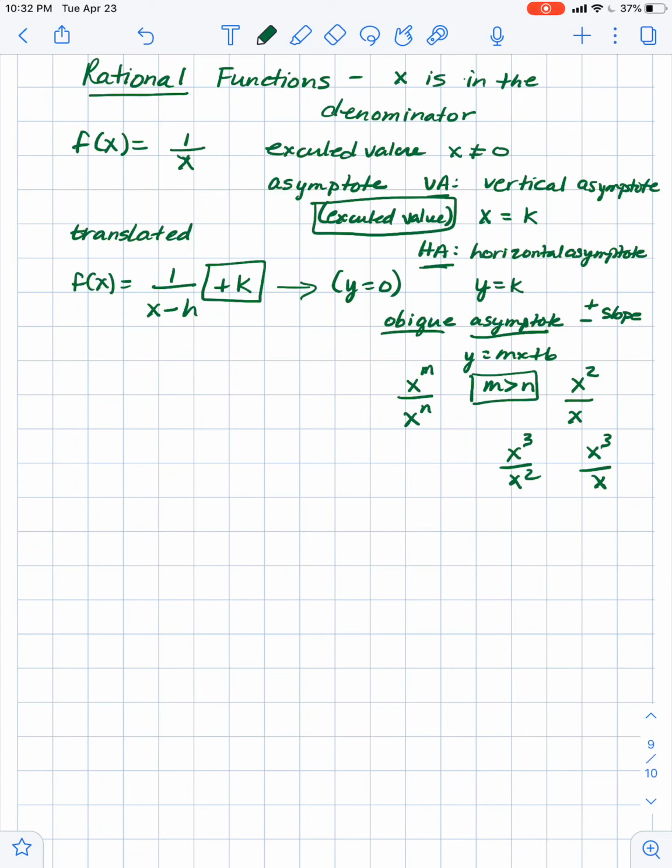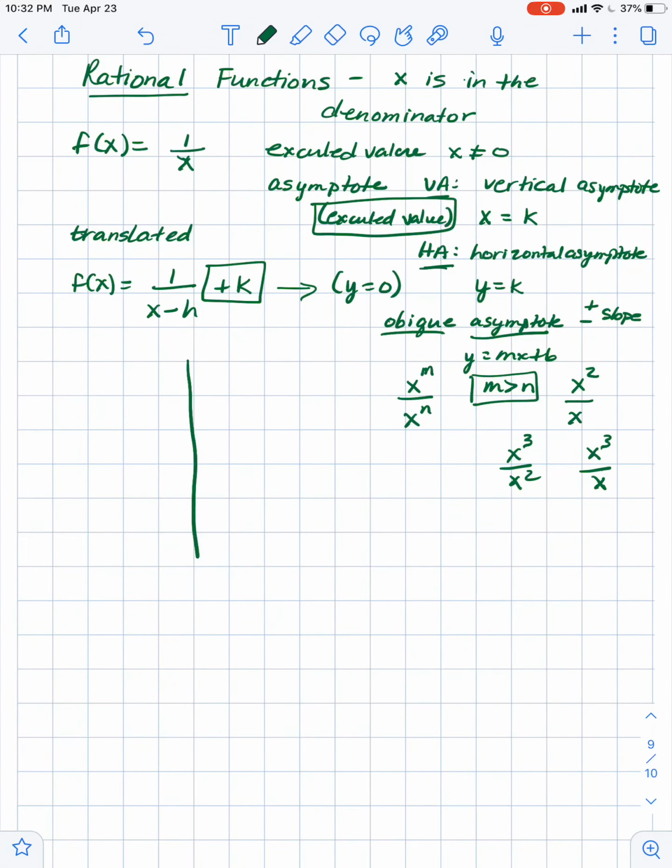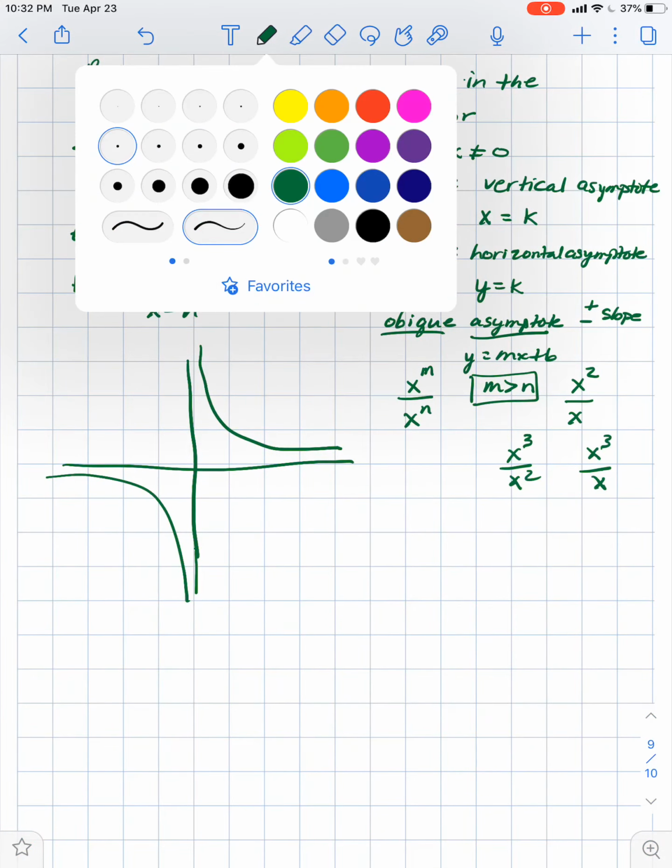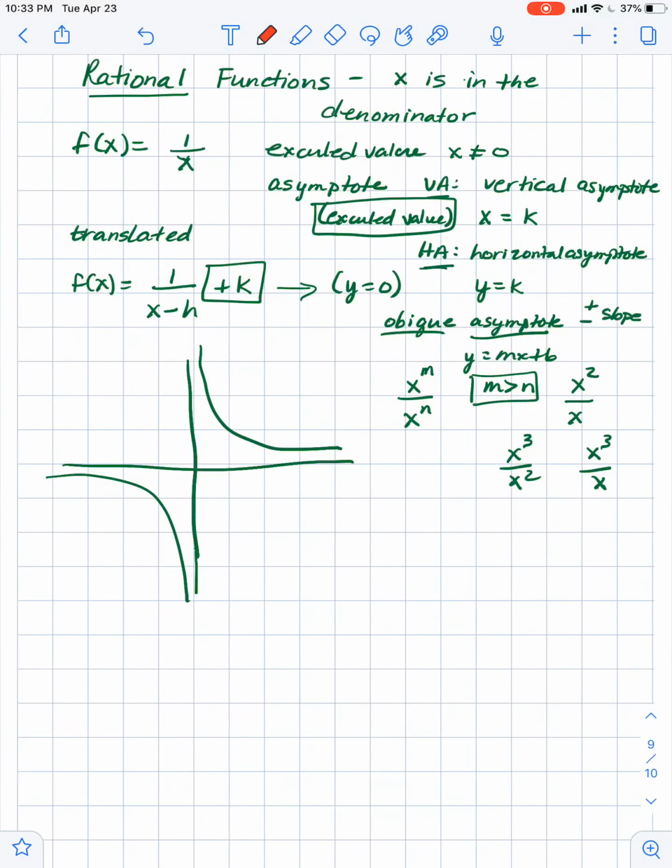Now, that is 1 over x, and the basic graph will always sit in these opposite quadrants. I've shown you on multiple occasions that if it is this basic graph, then it will hit the point (1, 1) and the point (-1, -1).